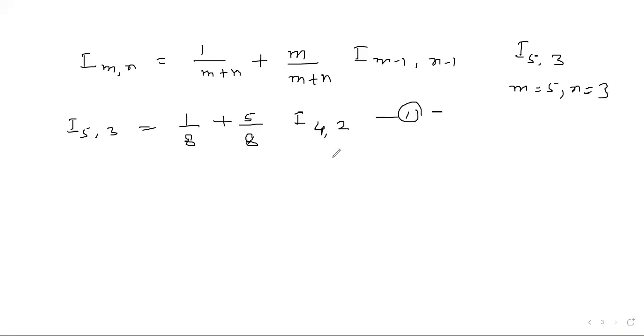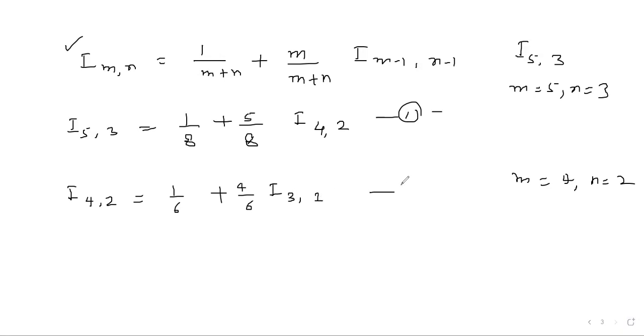Suppose this is equation number 1. Now again in the same equation we put m equal to 4, n equal to 2. So we get I_(4,2) equal to 1 upon 6 plus 4 upon 6, and this will become I_(3,1). Suppose this is equation number 2.